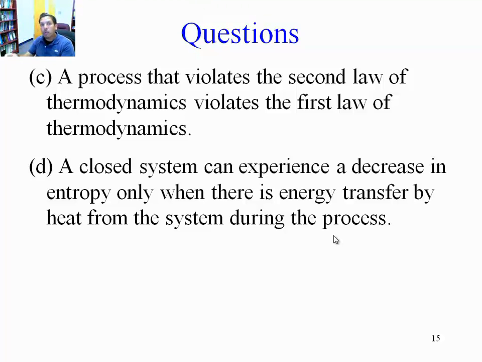The only way that the entropy of a system can be reduced is by it rejecting energy in the form of heat, by dumping energy out of the system. It has nothing to do with volume. It has nothing to do with making it more compact, smaller, compressing it, expanding it. It only has to do with heat. The only way for a closed system to decrease in entropy is by rejecting heat.